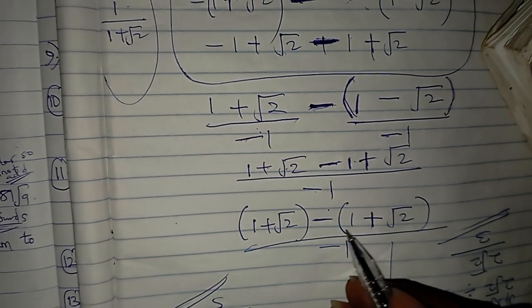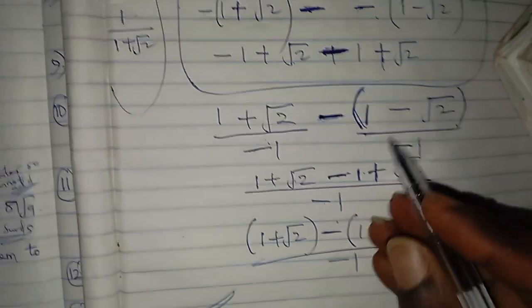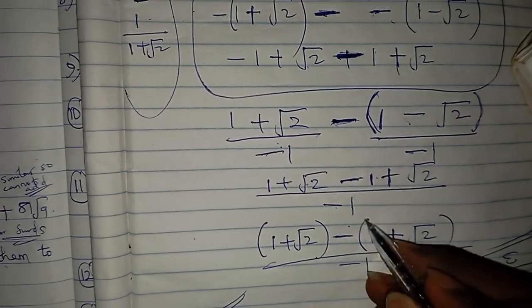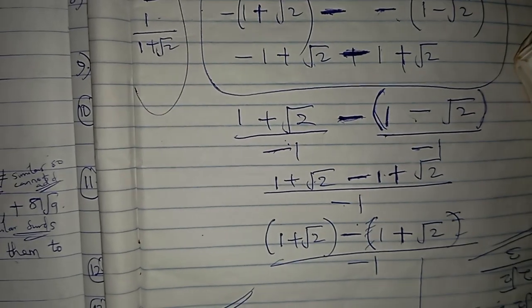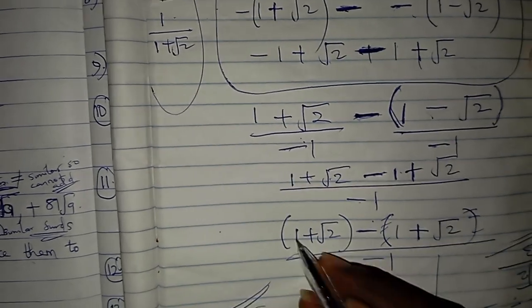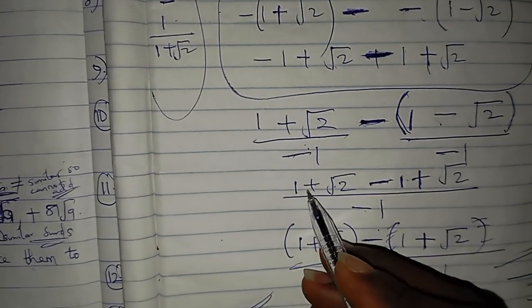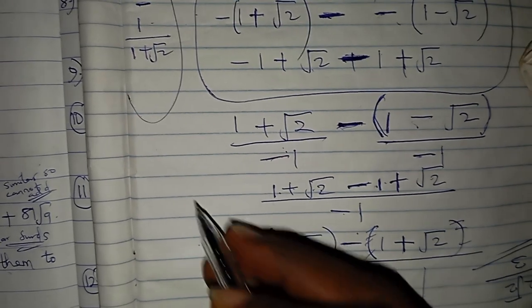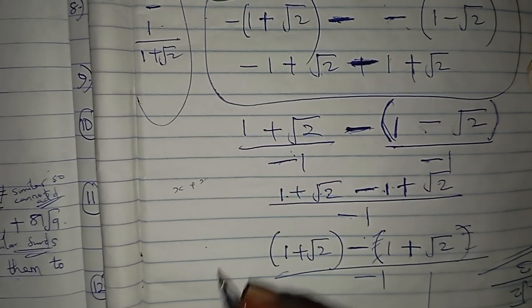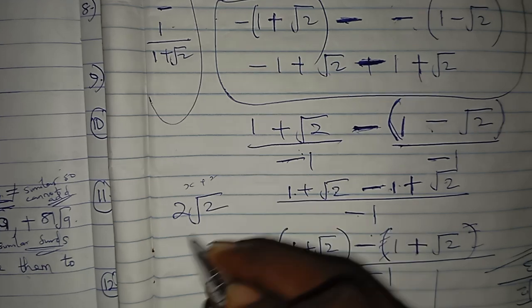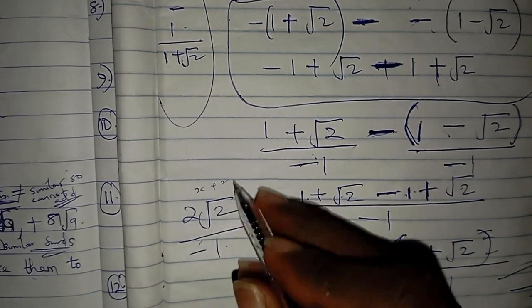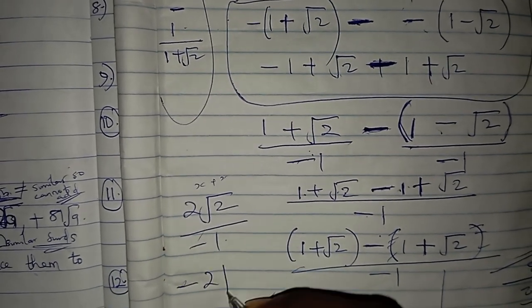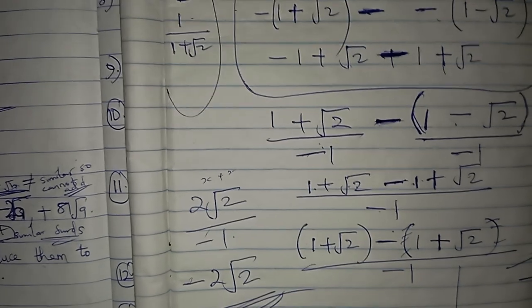As I'm opening it up, this will leave 1 minus 1, 0, root 2 plus root 2, x plus x is 2x, so it's going to be 2 root 2 all over minus 1, and it's going to be the same thing as saying minus 2 root 2. That's my answer.